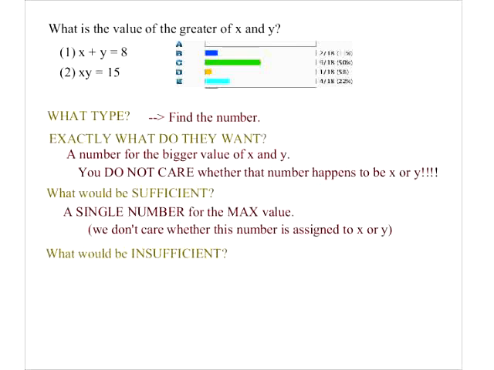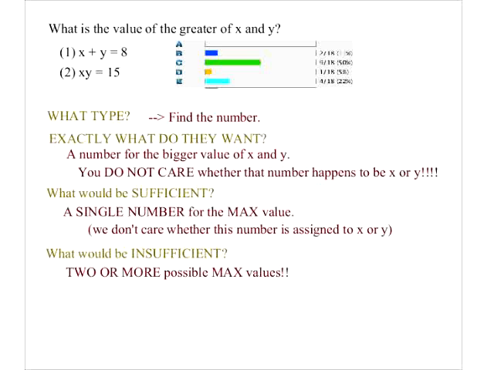Text box, please. Yeah, you'd have to have two or more possible maximums. Again, we don't care whether it's x or it's y. We just care what the number is, and you would have to have two different maximum numbers.